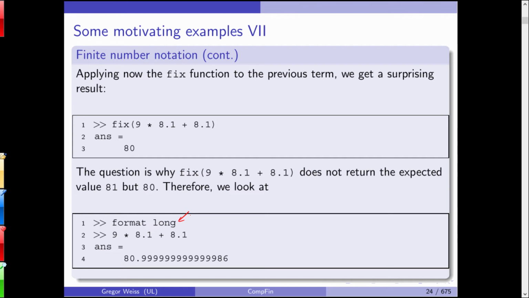The problem is that 8.1 seems to be a nice number, but for the computer it is not. And you can see this in a moment. But again, as the result, the actual result in the computer is not 81.000, but it's 80.99999. If we round it to the lowest natural number, then of course the answer is 80 and not 81.